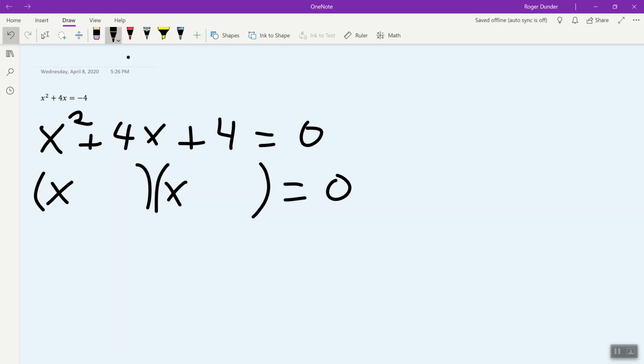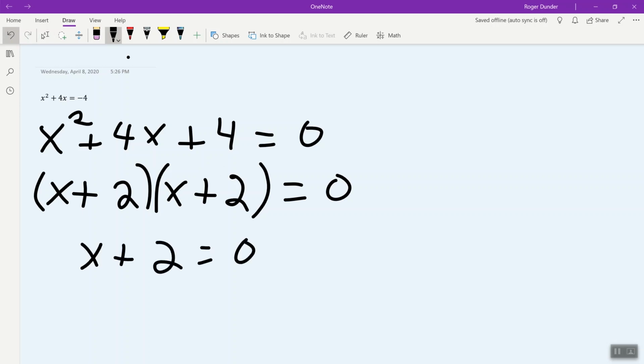We'd put x and x, we put 2 and 2, and they would both be plus, like this. Which means that x plus 2 must be equal to 0, or x would be equal to negative 2. So that would be the 0 of the function.